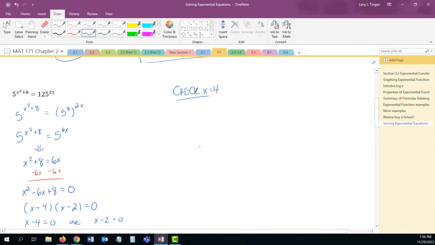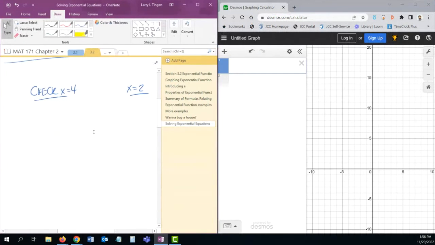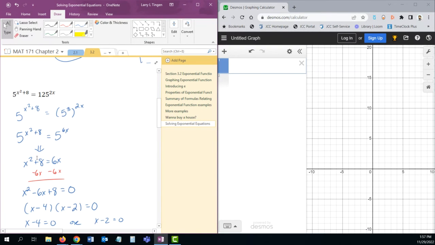And the way we check is to plug it in, or a way that I have learned to do it is to use your calculator, and I want you to just think about what checking does. What does checking do?